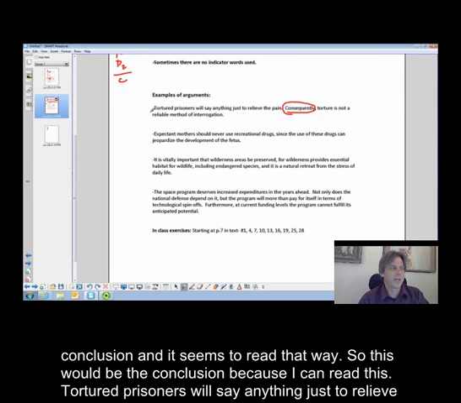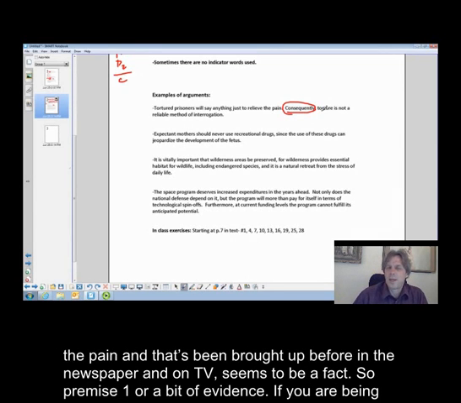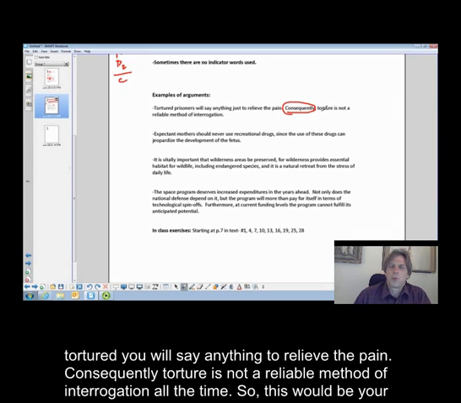So this is probably the conclusion, and it seems to read that way. Tortured prisoners will say anything just to relieve the pain, and that's been brought up before in the newspaper and on TV. Seems to be a fact. So premise 1, or a bit of evidence: if you're being tortured, you will say anything to relieve the pain.